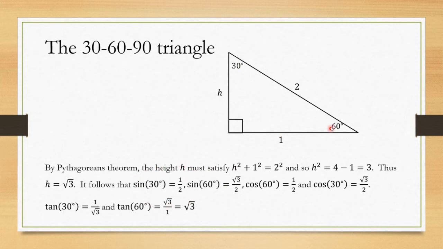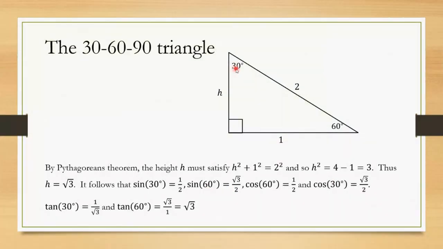For cosine of 60 degrees, that's equal to adjacent over hypotenuse. So cosine of 60 degrees is a half. Cosine of 30 degrees, now this side is adjacent relative to 30 degrees. So we have adjacent over hypotenuse. So for cosine of 30 degrees, that's h over 2, but h is radical 3.